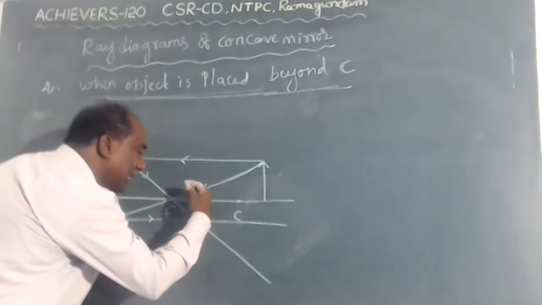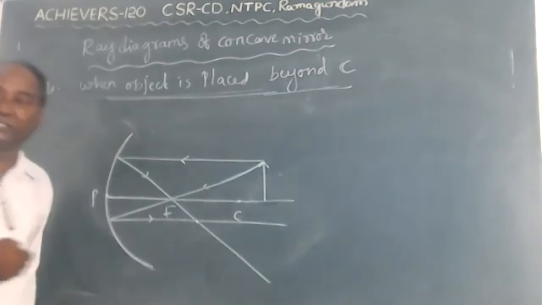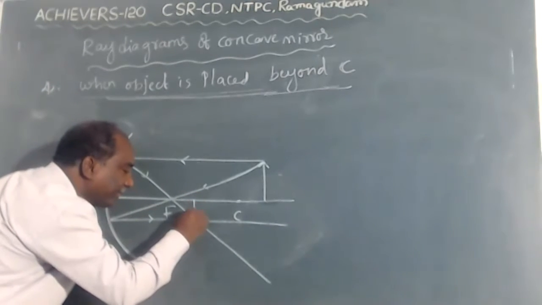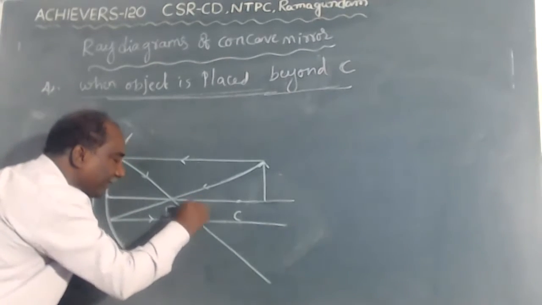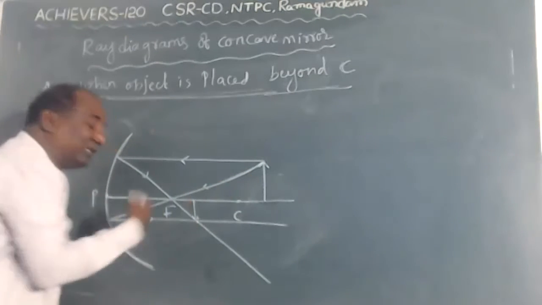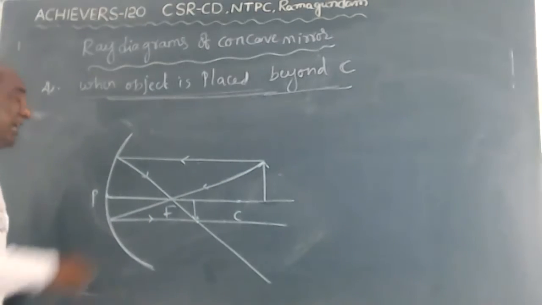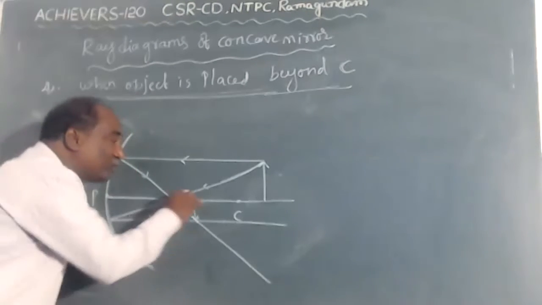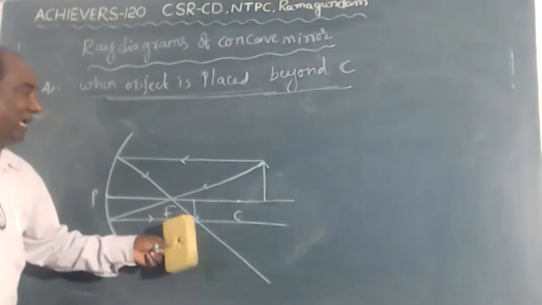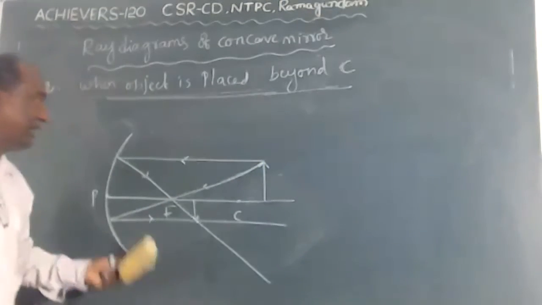The image forms below the principal axis. So now it is a real image. Now see children, observe the size of the object and the size of the image. The size of the image is smaller than the object. So according to this ray diagram, what characteristics have we got here?